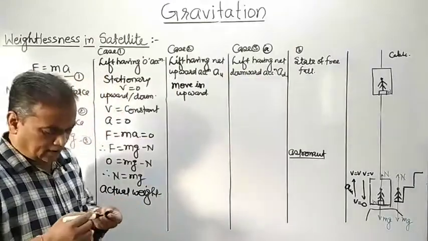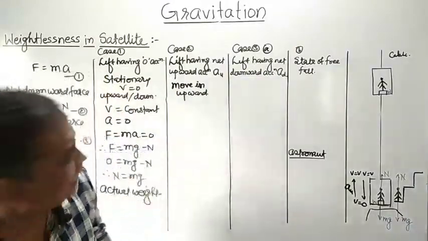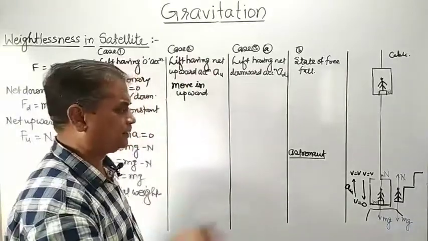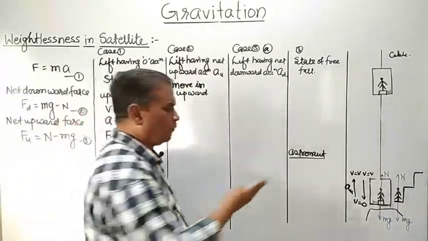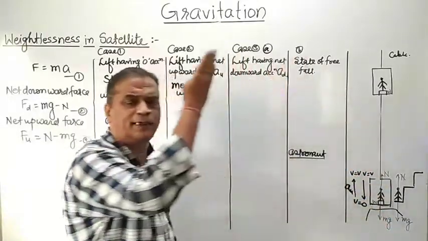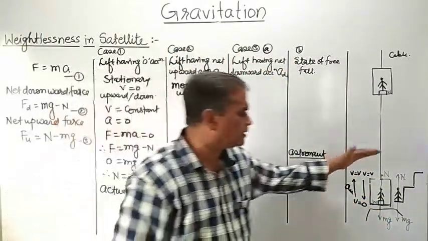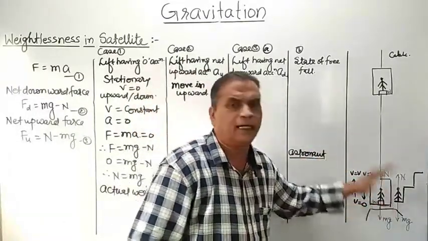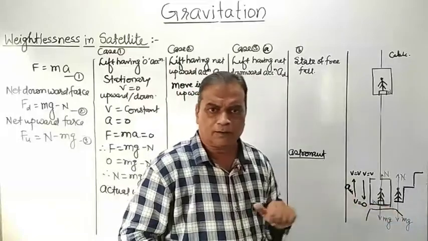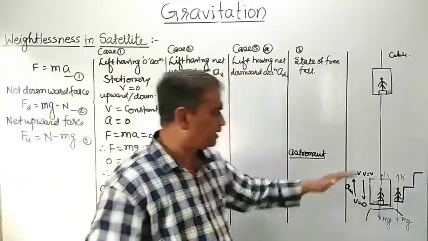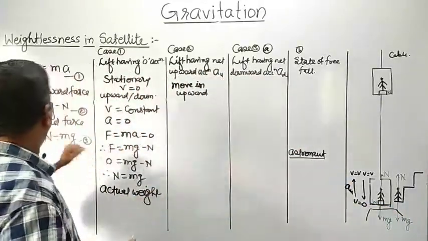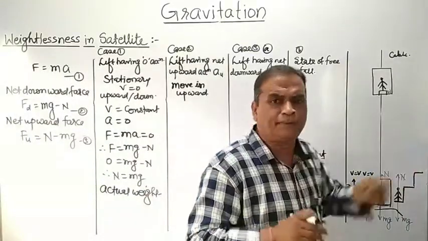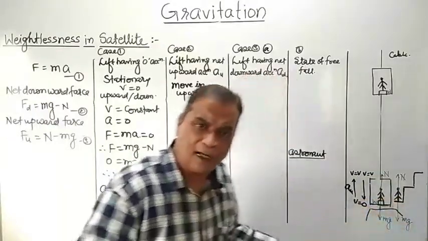So remember, when I say the lift is having net upward acceleration, this happens in two cases: when the lift just starts moving in the upward direction, or when it is about to stop while moving in the downward direction at the lower floor. In both cases, the net acceleration of the lift is upward.